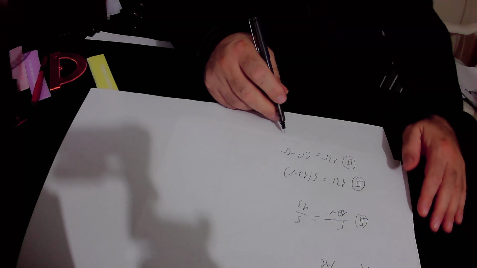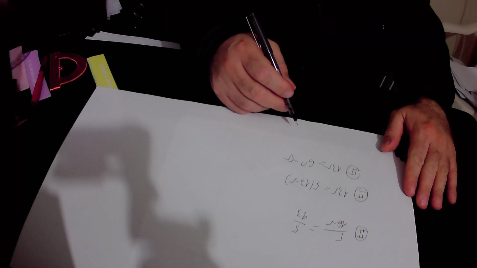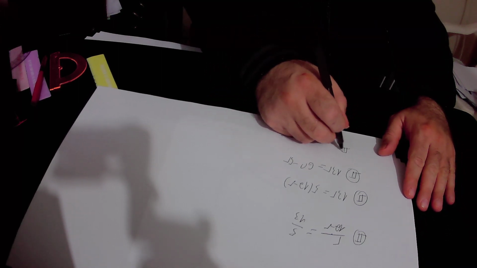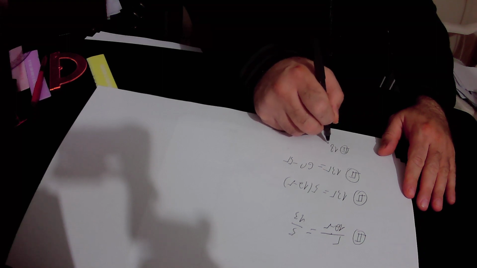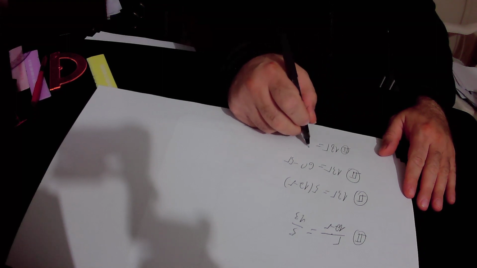We will add 5R to this equation, and we will get that 18R equals 60.